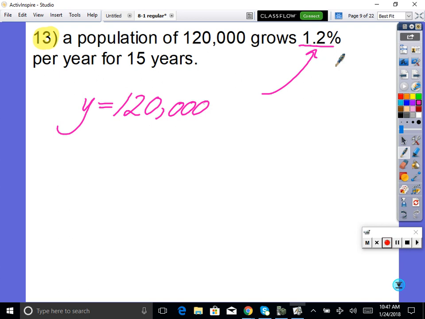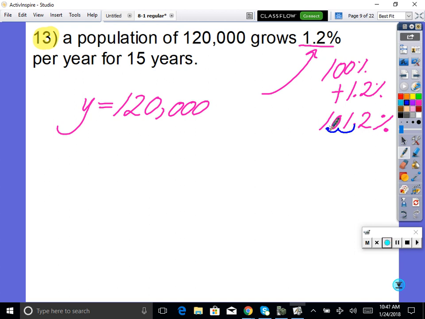I'm going to go off to the side and write this down. We are getting back 100% of that population, plus 1.2%. I have not converted that to a decimal. Does everybody agree? So that would be 101.2% still, correct? Now let's change that to the mathematical decimal.